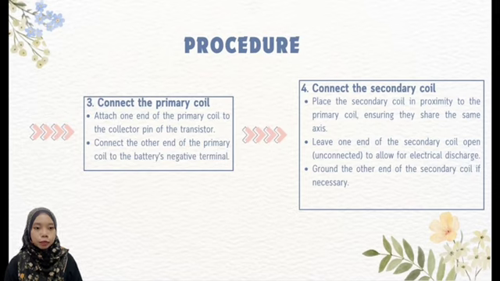And then for step 4, which is to connect the secondary coil, place the secondary coil in proximity to the primary coil, ensuring they share the same axis, and then leave one end of the secondary coil open, unconnected, to allow for electrical discharge, and then ground the other end of the secondary coil if necessary.